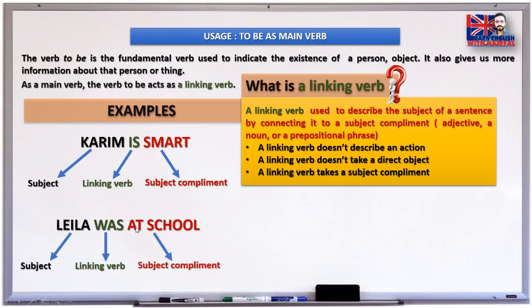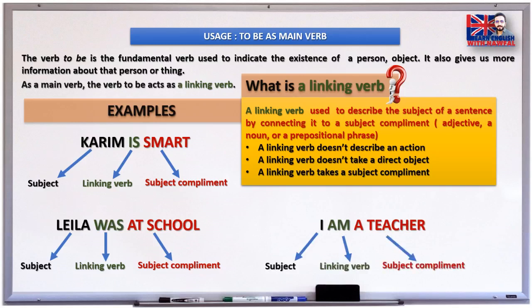Here is the preposition and here is the noun. Another example, I am a teacher. So I is the subject, am is the linking verb, and a teacher is the subject complement, which comes as a noun. Okay?